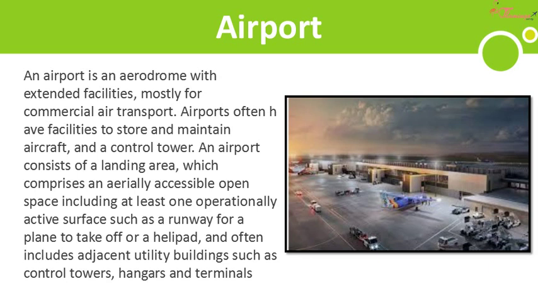An airport consists of a landing area, which comprises an aerially accessible open space including at least one operationally active surface such as a runway for a plane to take off or a helipad, and often includes adjacent utility buildings such as control towers, hangars and terminals.